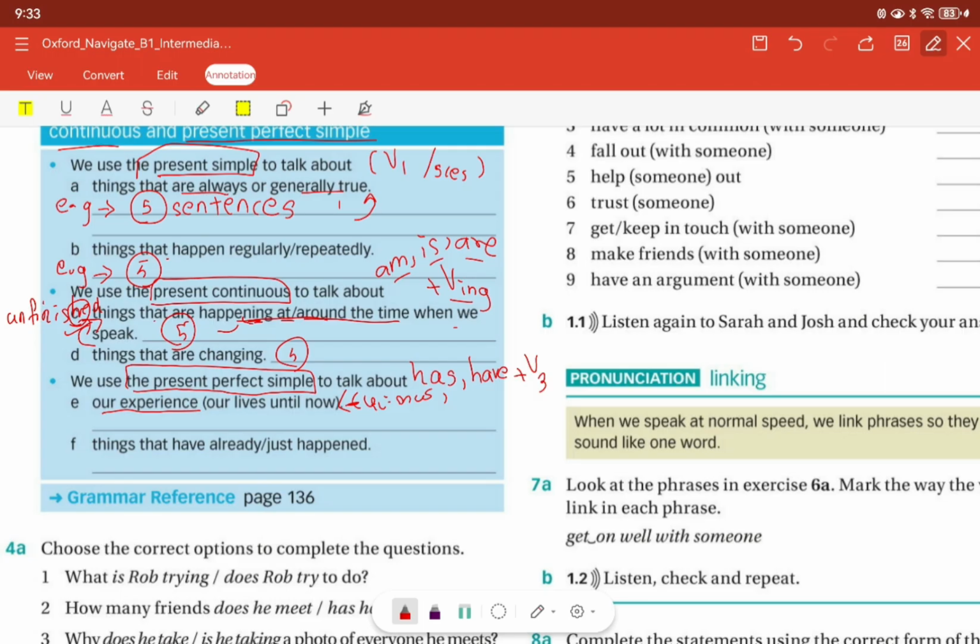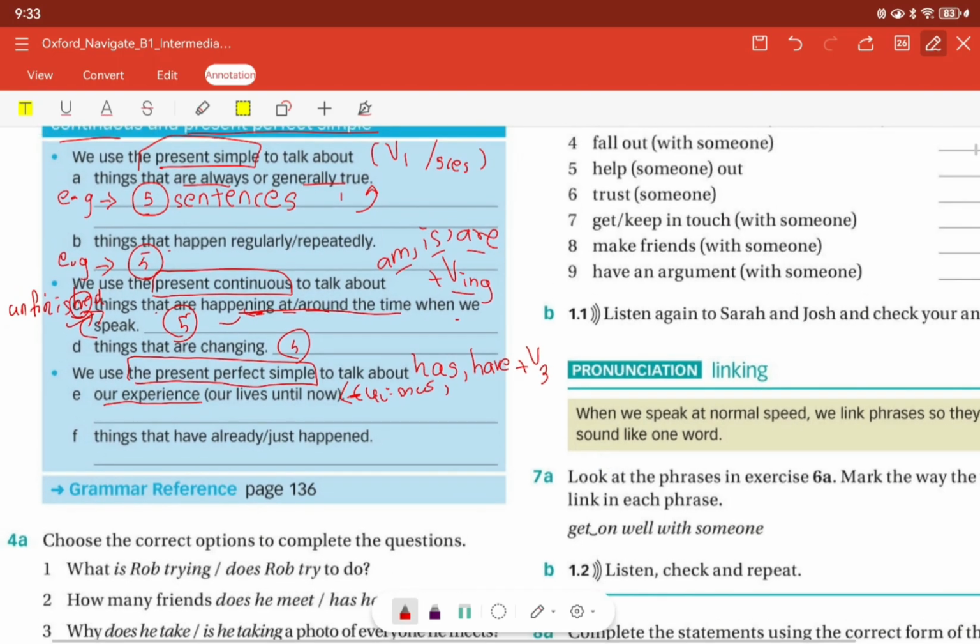I have never tried hot pot yet. This is talking about experience. So when you talk about experience, give me 5 example sentences for this.